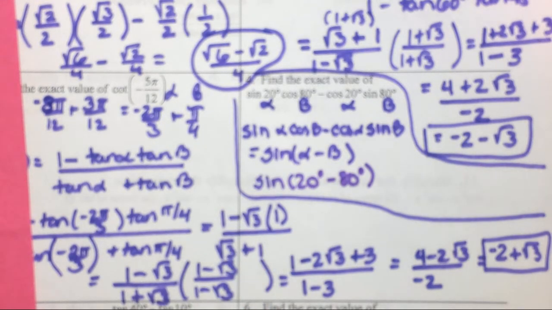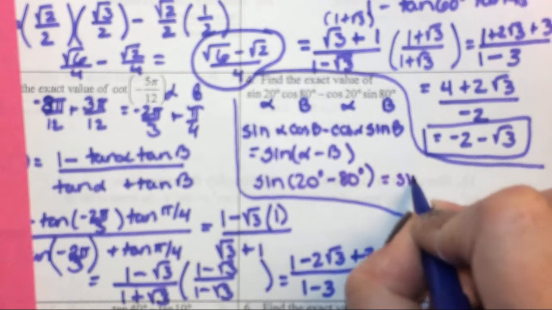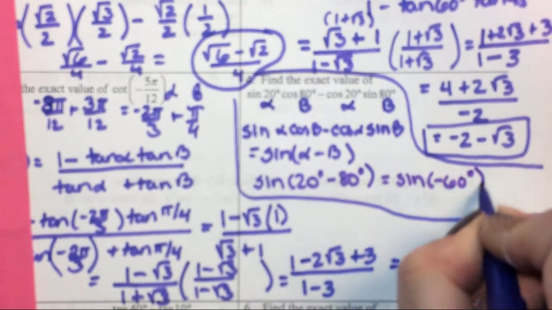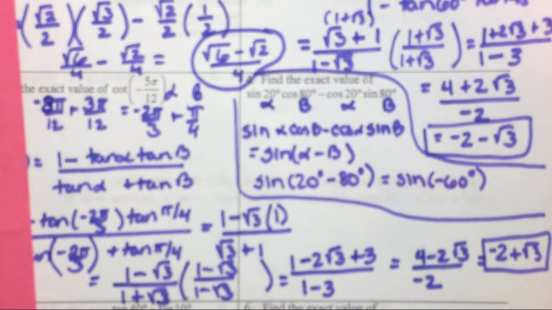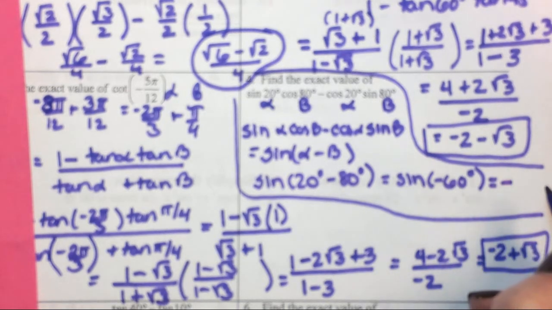And what is 20 minus 80? Negative 60. So sine of negative 60 degrees. So on the unit circle, where is negative 60 degrees located? What quadrant? 4. Sine positive or negative down there? Negative. So now negative what?